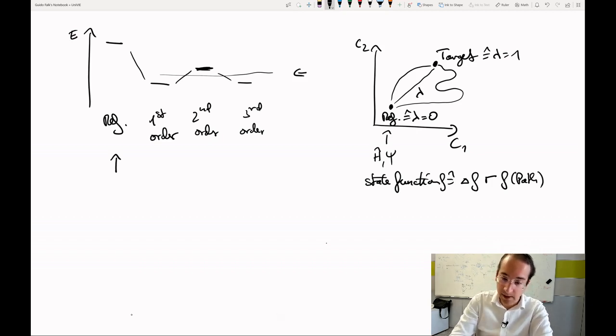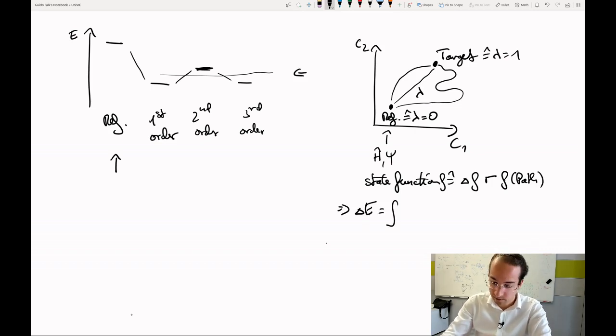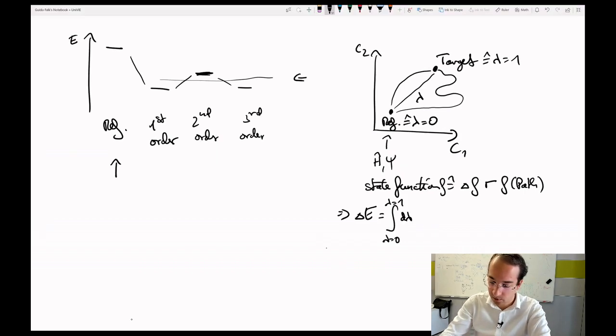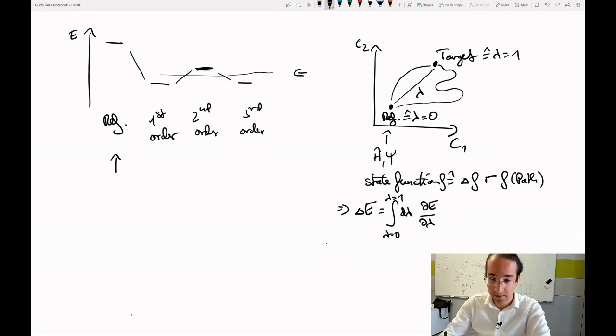So then you can say, I have the difference in energy is the integral from lambda is 0, so from the reference, to lambda is 1, that's the target, over lambda of some function of lambda. Now, in the context of the energy, this function rather is the derivative of the energy. So that would be dE d lambda.